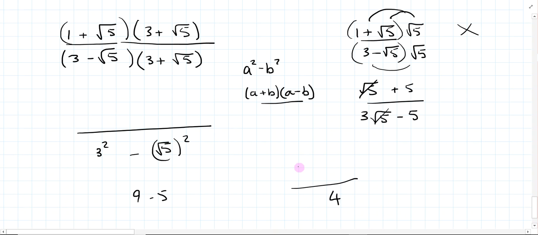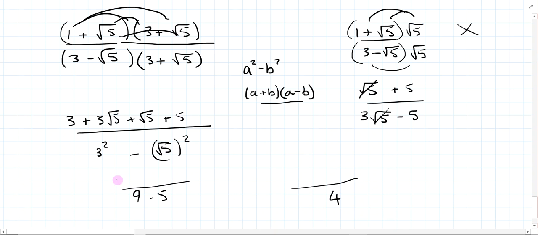So we should have a denominator of 4. If I expand on top, I get 1 times 3 is 3, plus 3 root 5, plus another root 5, plus 5, so I end up with 8 plus 4 root 5.